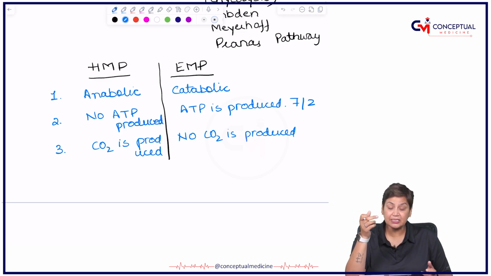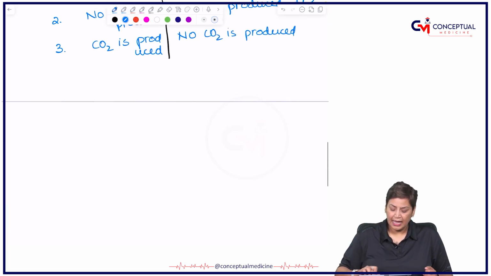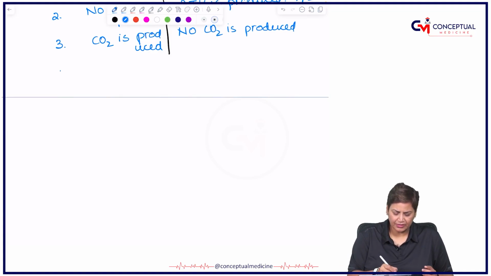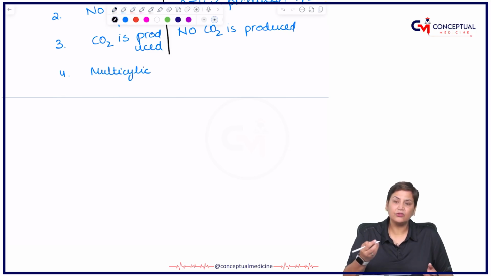And now the question is, if there is no ATP produced, what is the significance of this? That is what we are going to study now. And it is a multi-cyclic process. This can also be one of the differences. What is multi-cyclic? It always starts with 3 molecules of glucose.